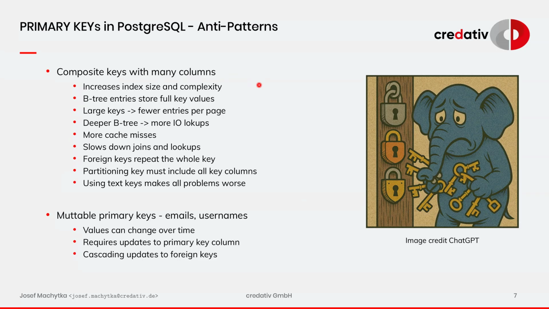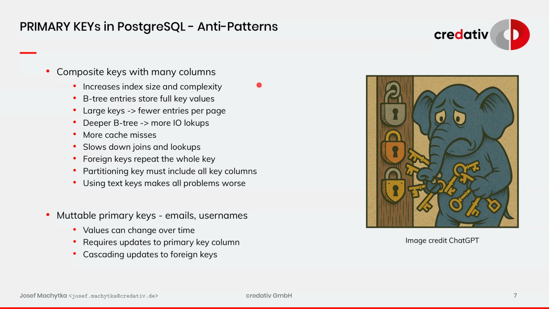So if these keys are very large, there are only a few items on a leaf page in the index, and it means that those B-tree indexes are getting bigger and more complicated.